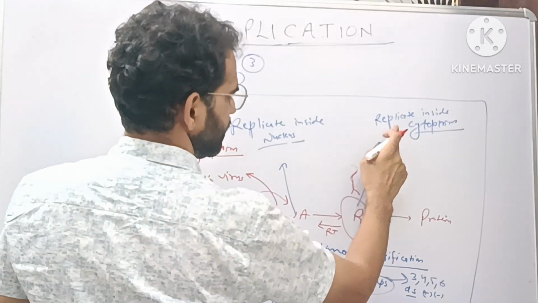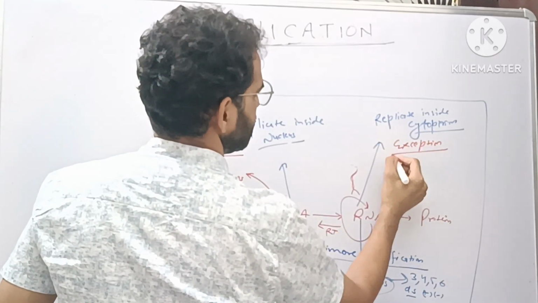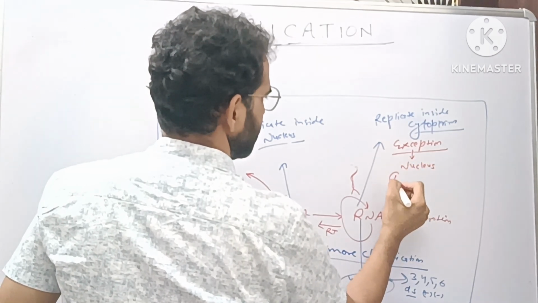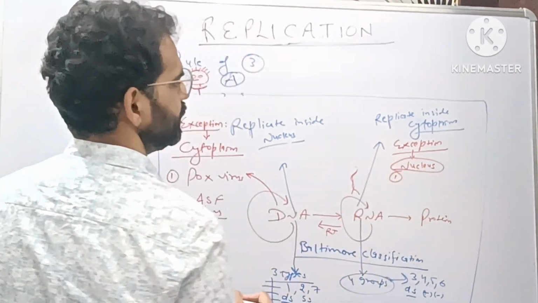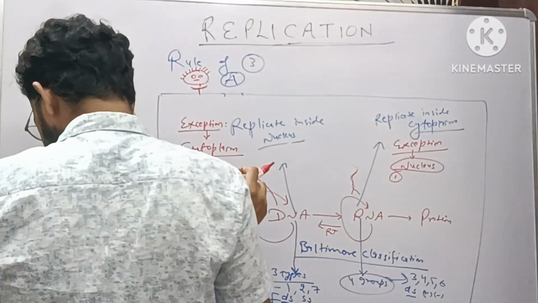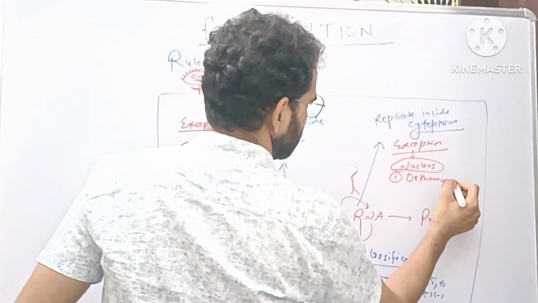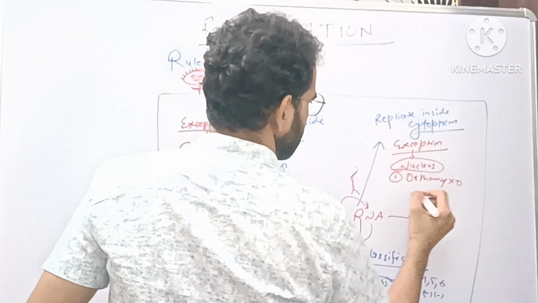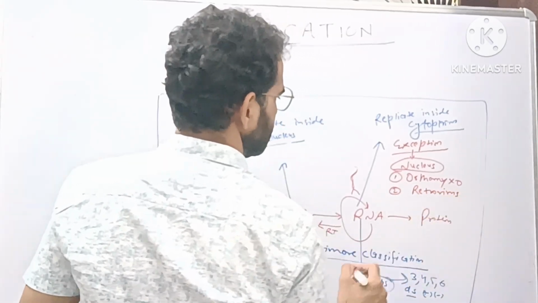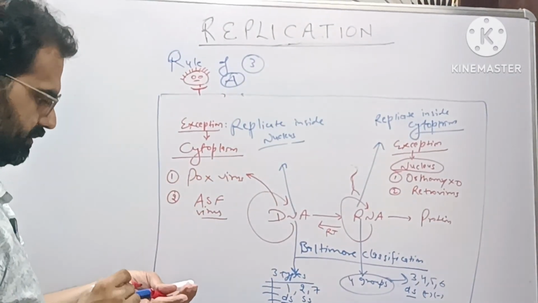Similarly, RNA viruses replicate in the cytoplasm, but there are two exceptions. The exception is RNA viruses that replicate in the nucleus. So which RNA viruses replicate in the nucleus? Number 1 is orthomyxovirus, that is influenza virus. Number 2 is retrovirus. So this is the general rule and these two are the exceptions.